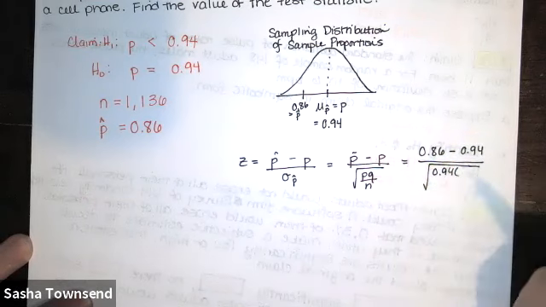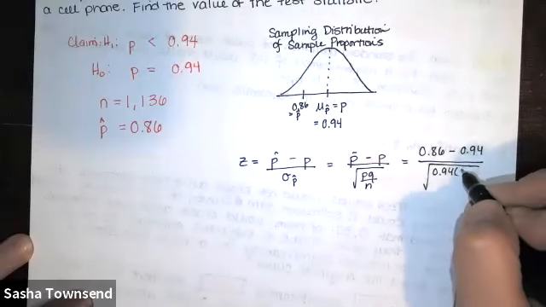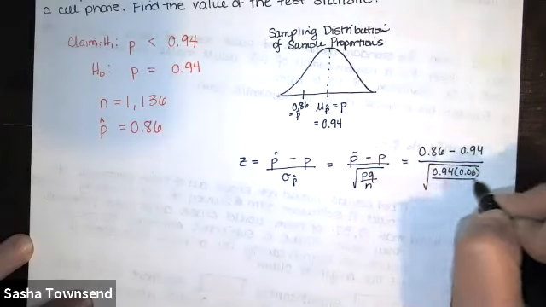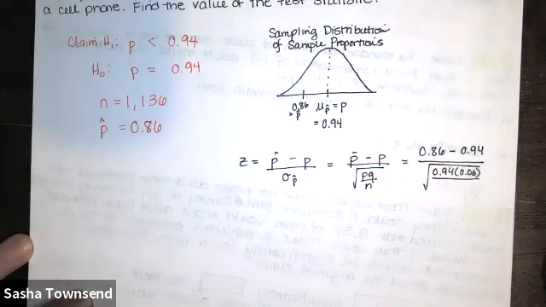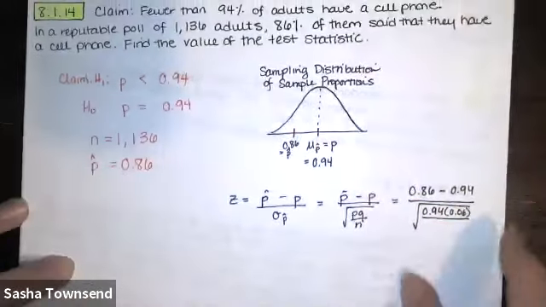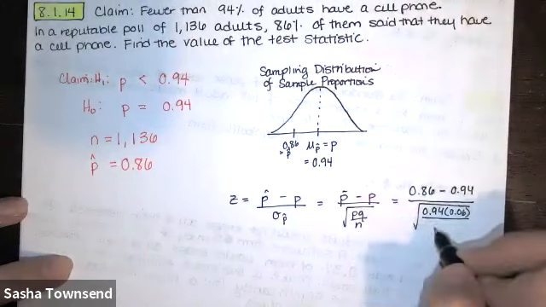Q is the complement of that. So if we take 94% out of 100%, we're left with 6%. So we'll write that in decimal form. And then we'll divide by the sample size, which in this case was 1,136.